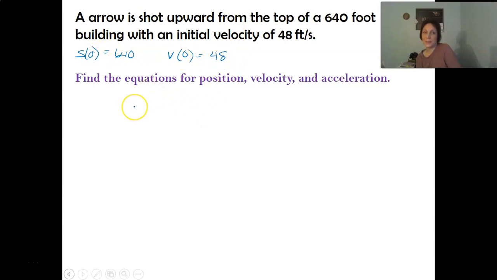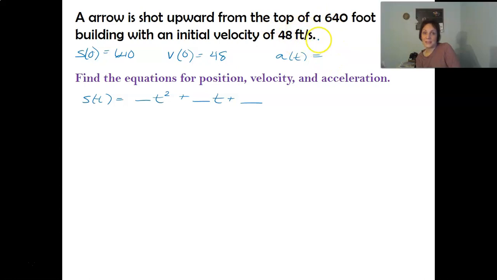Okay, so let's start with this. I know that for free fall, my equation has to be quadratic because that's what free fall equations are like. The reason we know that is because when I take my second derivative, I have to end up with a constant. And I even know what that constant's going to be. My second derivative, acceleration, is going to be the acceleration due to gravity.